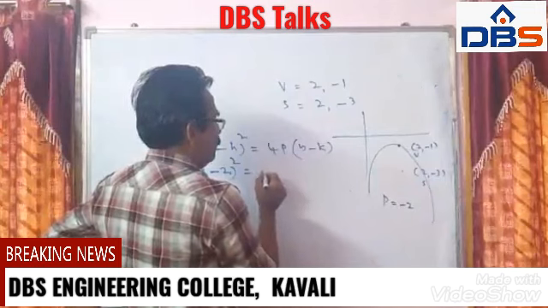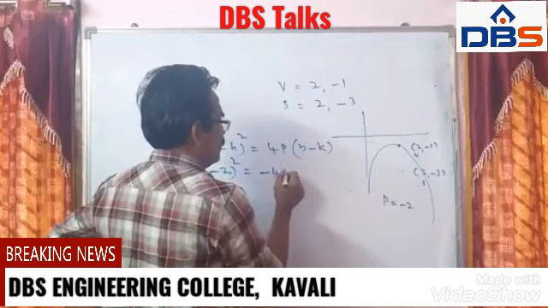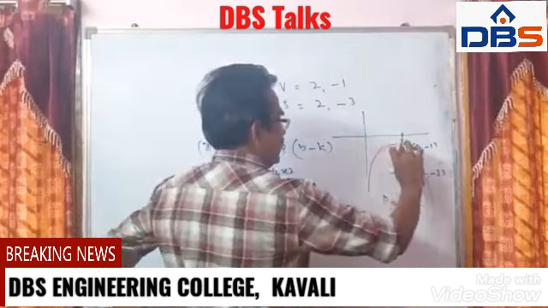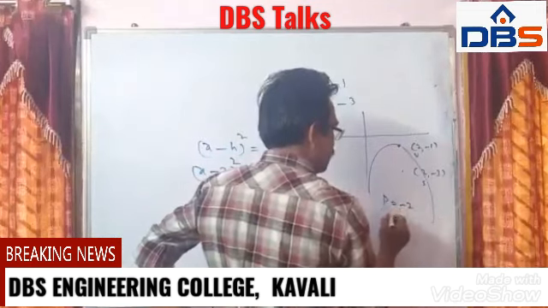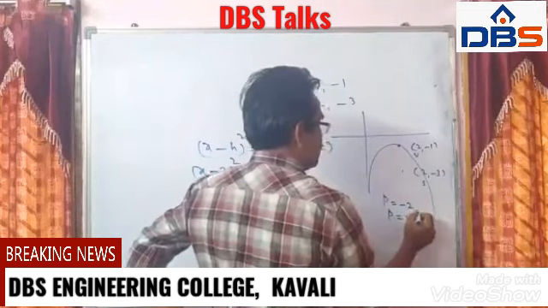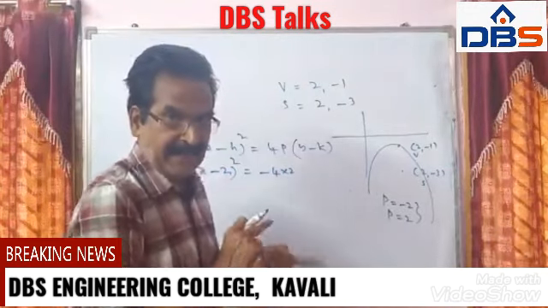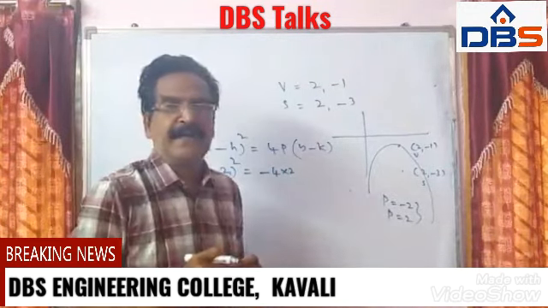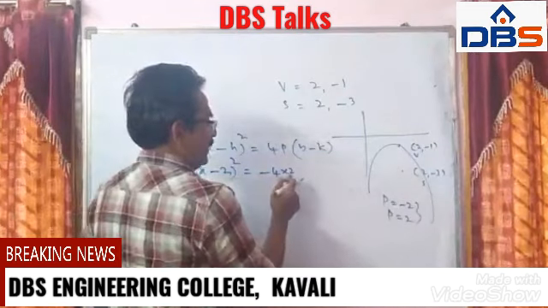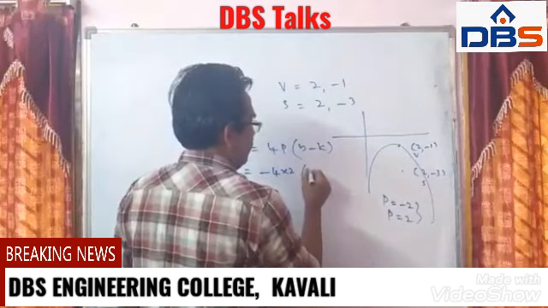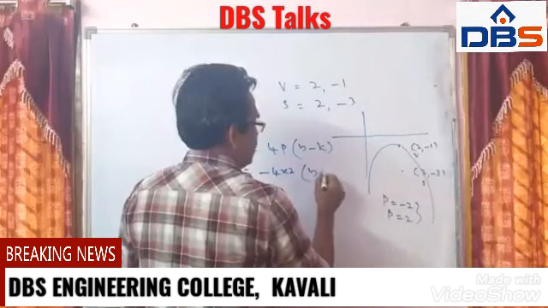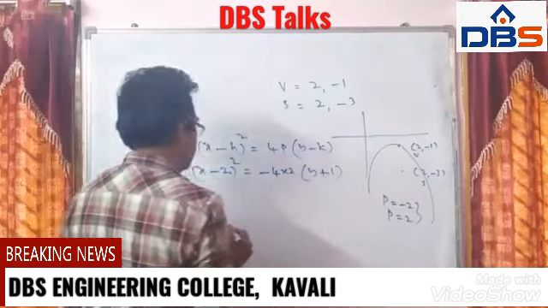So now minus 4 into 2, you can consider p as 2 units also. Here p is 2 units. Then the formula is minus 4p into y minus k. Y minus of minus 1 is y plus 1.